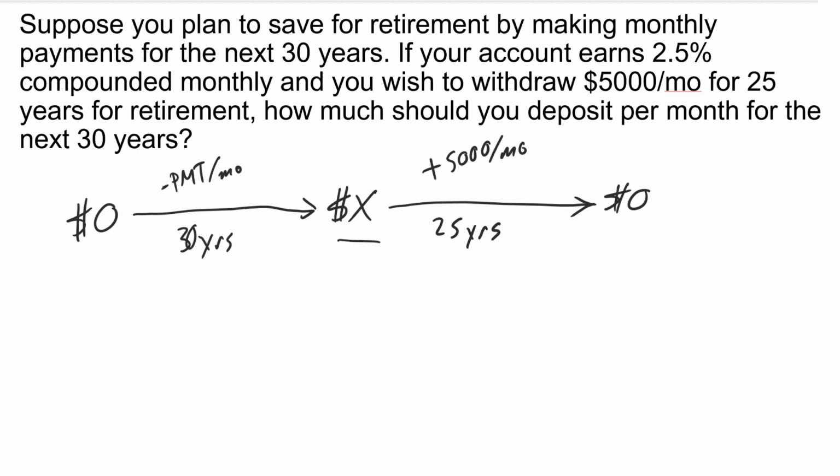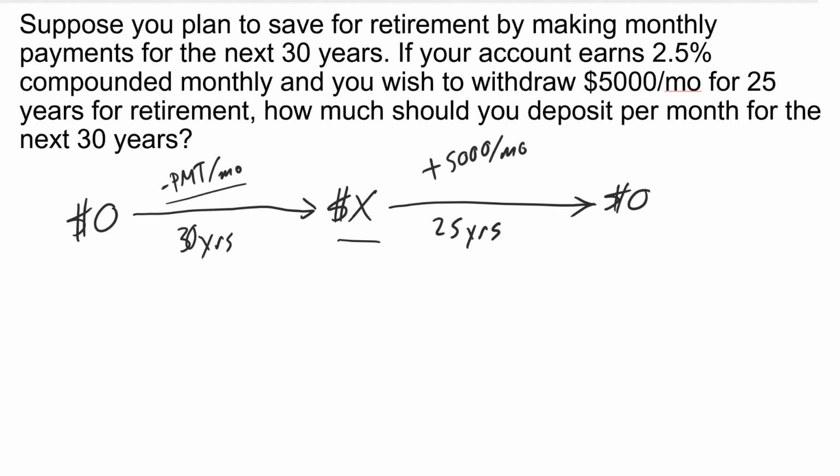All right, so there's two things we don't know here. We don't know X, the amount of money we need to have saved up to withdraw that $5,000 per month. And we also don't know the payment. So that's how much money should be deposited now to save up for 25 years. So if we look at these two scenarios, starting at X and ending at $0, there's one unknown. X is the only unknown there. If we look at the first part of the problem, going from $0 to X dollars, there's two unknowns.